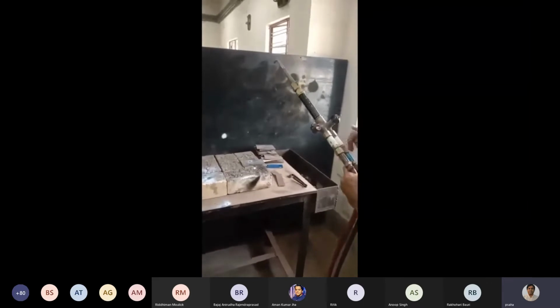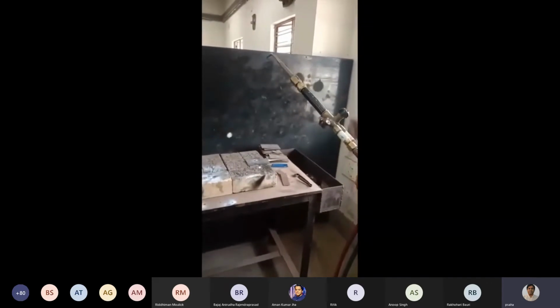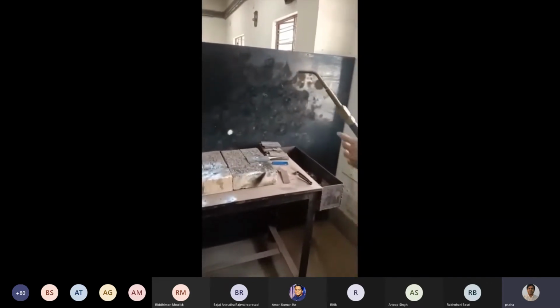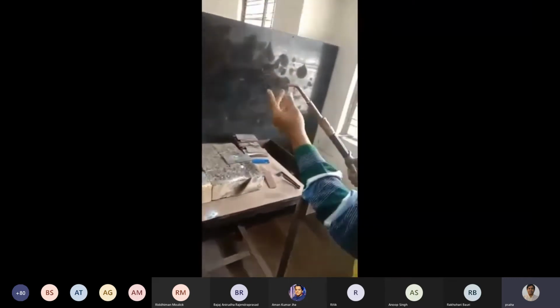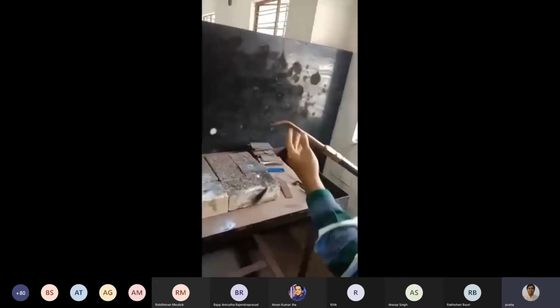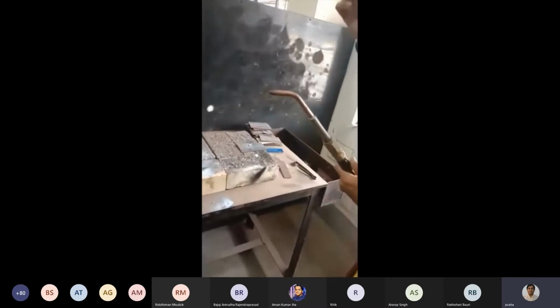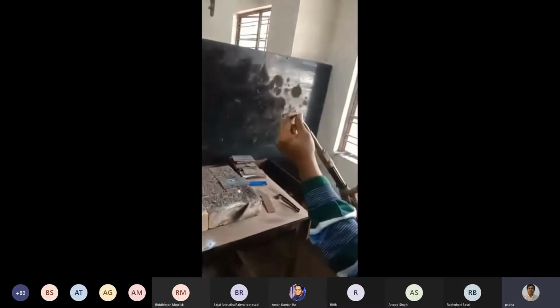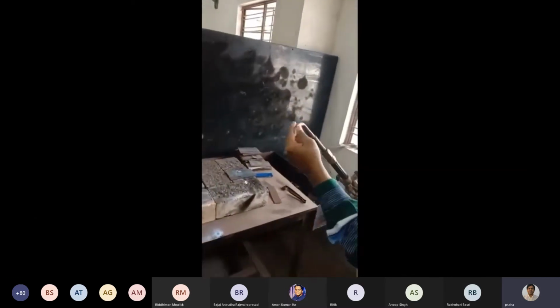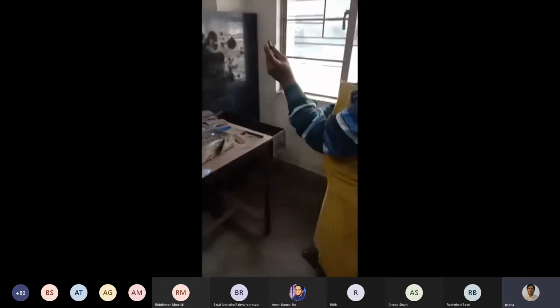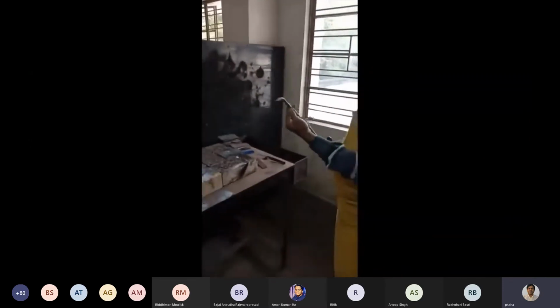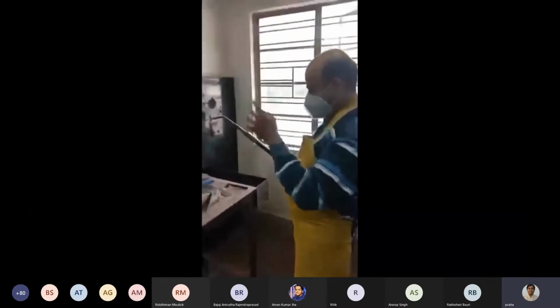Two flashback arrestors are also attached before the torch for safety. This one is the torch, and this is the tip of the torch. You can see this type of tip is attached here.